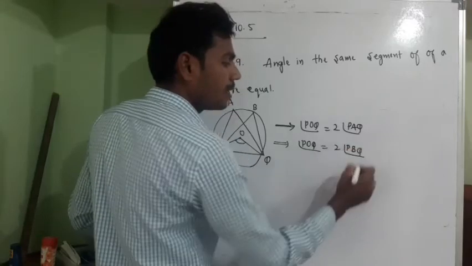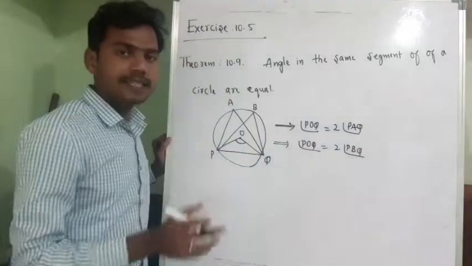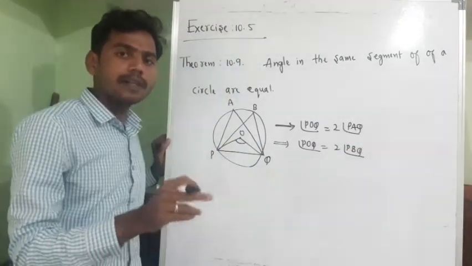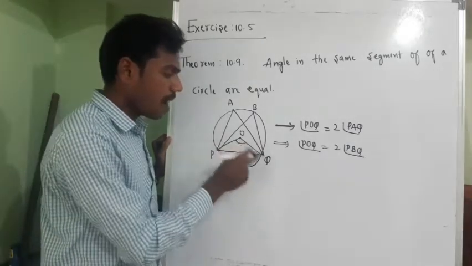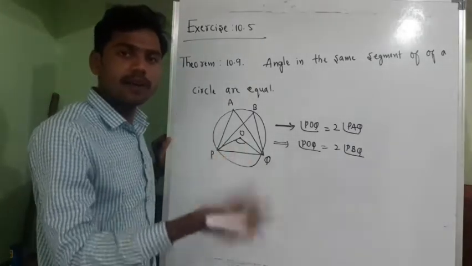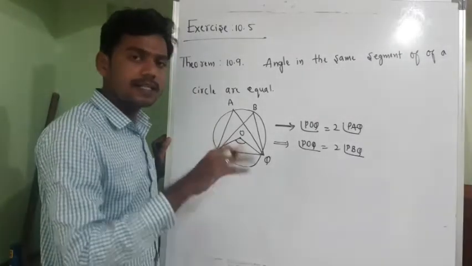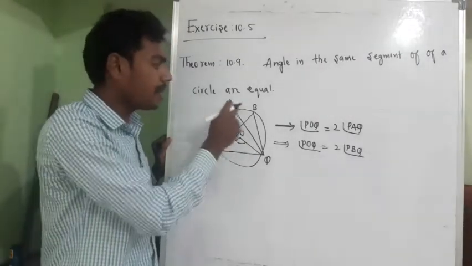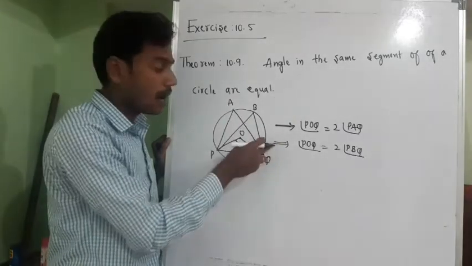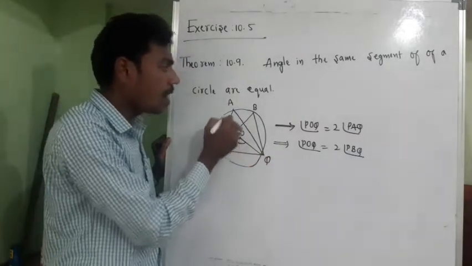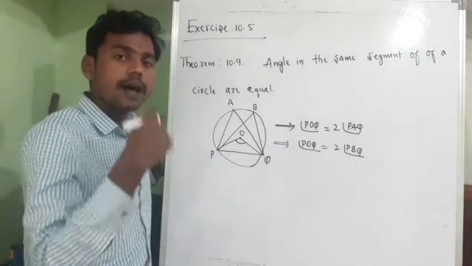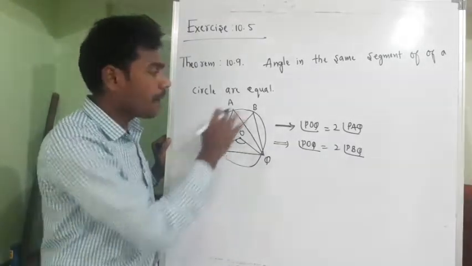because what does theorem number 10.8 state? Angle found by the arc at the center is double the angle found by it on any point on the circle.